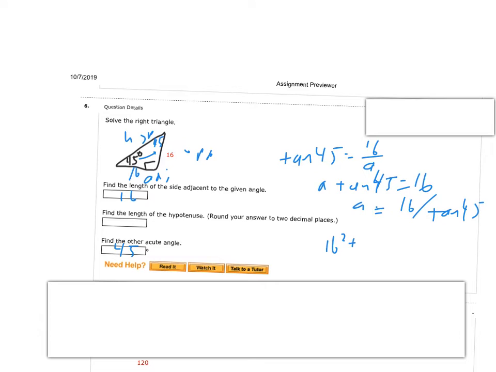So 16 squared plus 16 squared equals c squared. So 16 squared times 2 is 512 equals c squared. Then we square root that. I'm just going to type this in the calculator since it says it wants 2 decimal places. So it does not want the radical version. So I'm going to write it as 22.63.